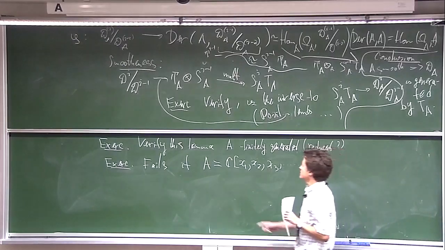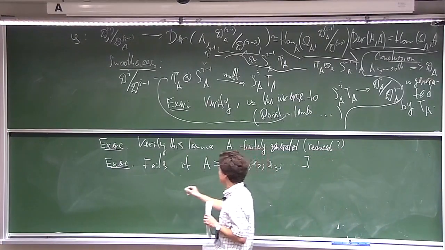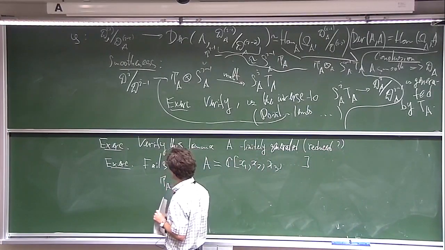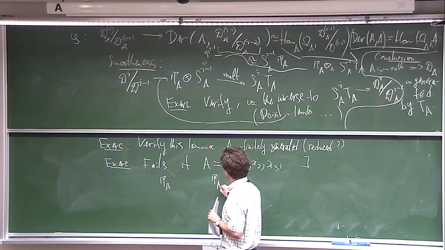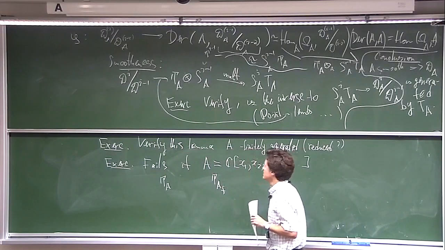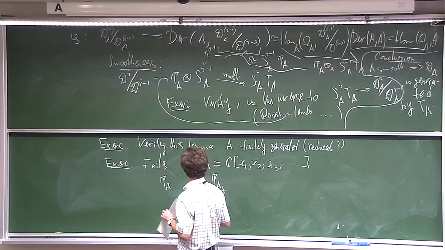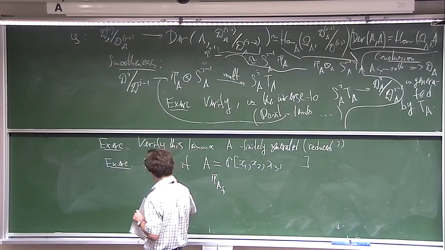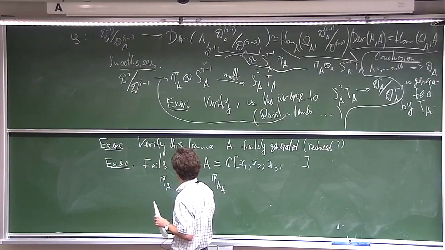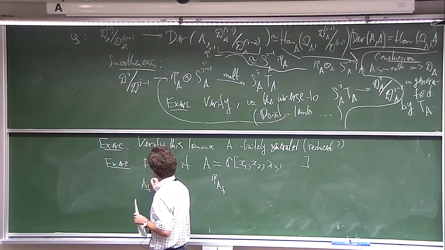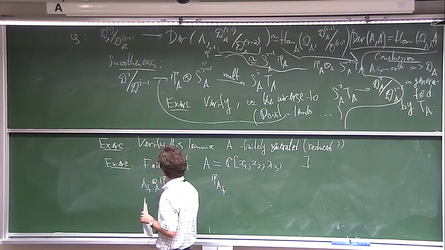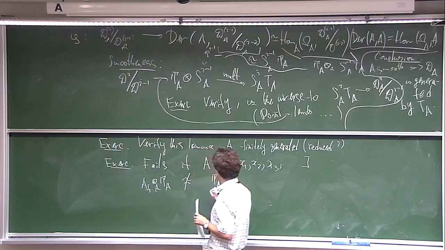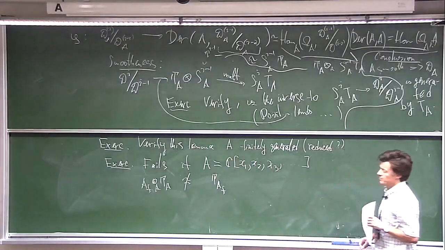So again, in this case, of course, it's quite easy to understand what T sub A is, as well as T sub A sub F. It's absolutely clear that, that's an exercise. So this algebra is not isomorphic to this one.